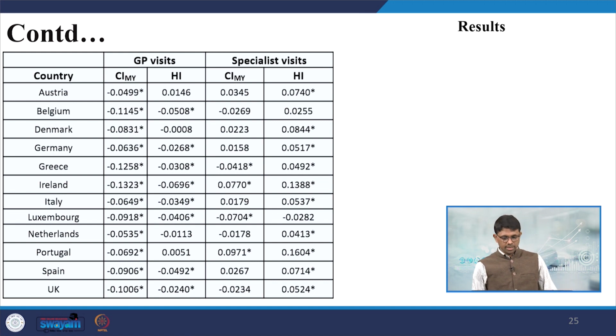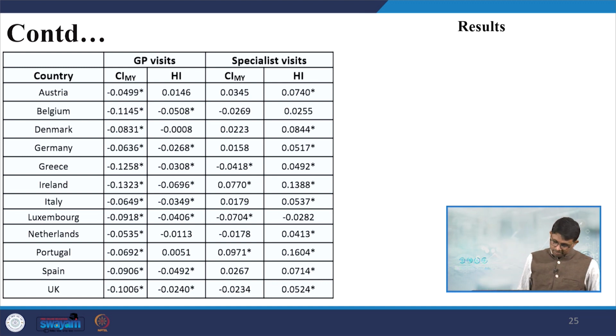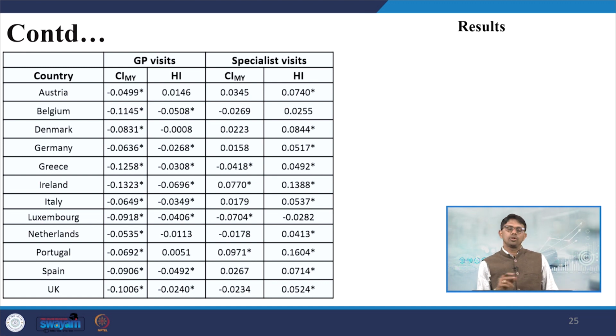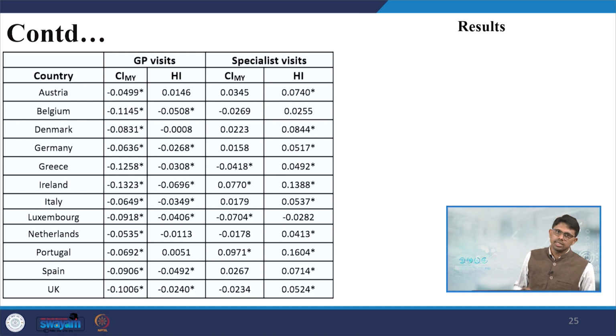When it is minus, we have already given the indicator from +1 to -1. When it is towards minus, that means the distribution is favoring the poor, and when it is plus, that means the healthcare distribution is actually favoring the rich. So, since it is minus for the general practitioner's visit or the general consultations, it is negative, that means the distribution is pro-poor.